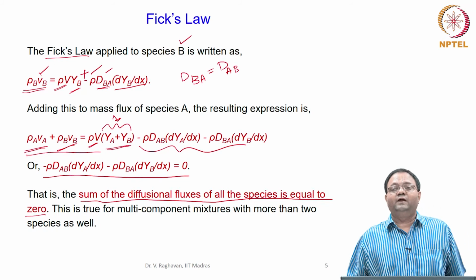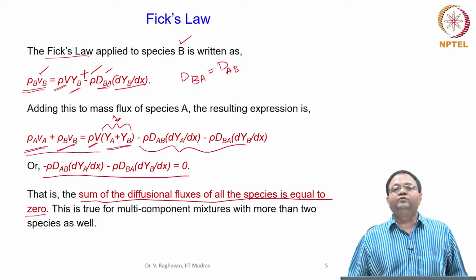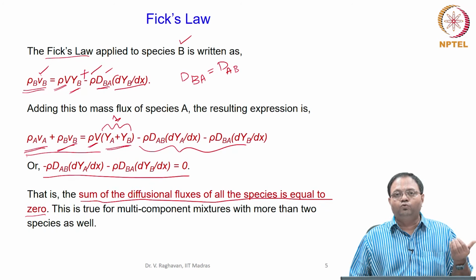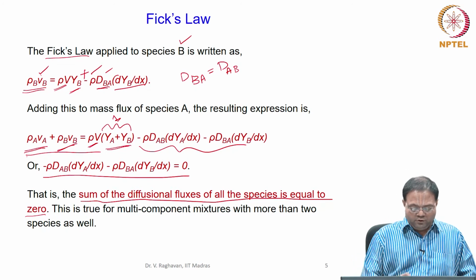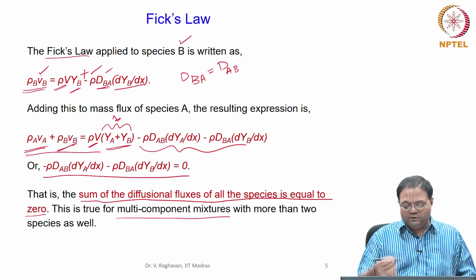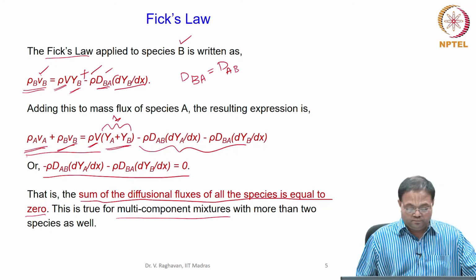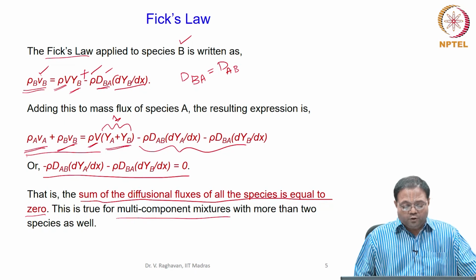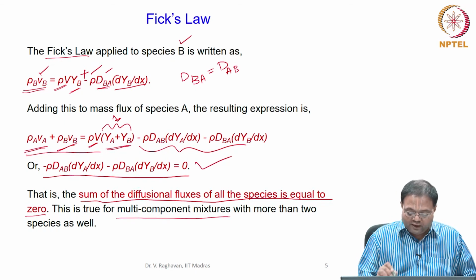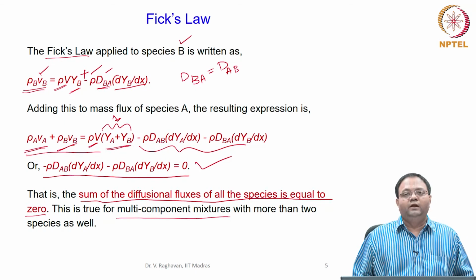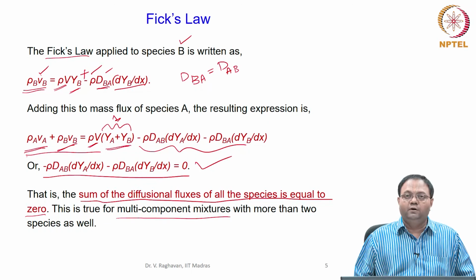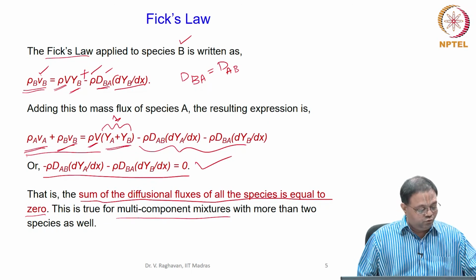In a mixture if there are n species, add the diffusion flux of all the species, that should be equal to 0. Okay. So this is for a multi-component mixture. You can extend this binary case to any multi-component mixture where there are more than two species. This is one of the important things, and it is actually used as a constraint to derive some important aspects of the flow. So, this is very important.